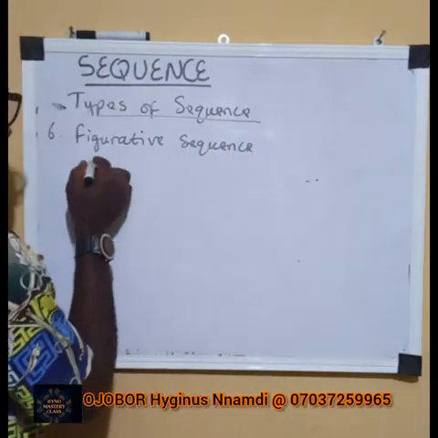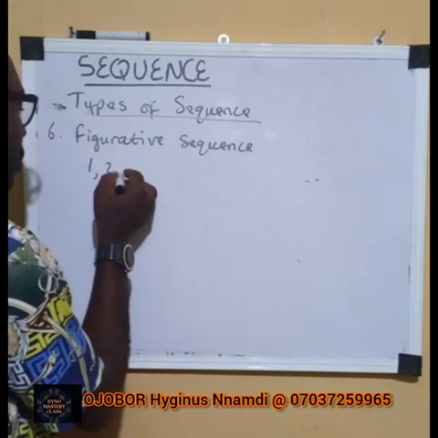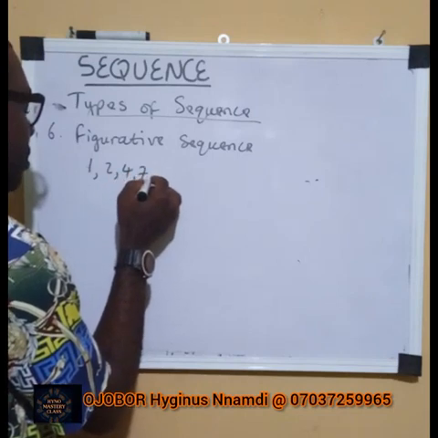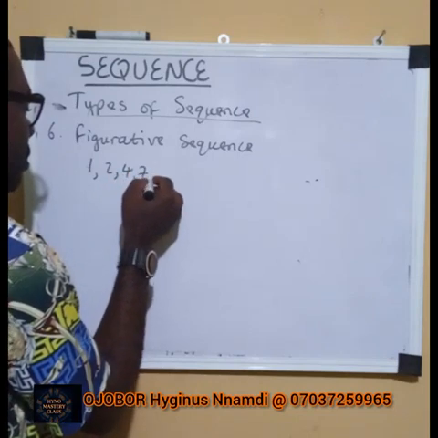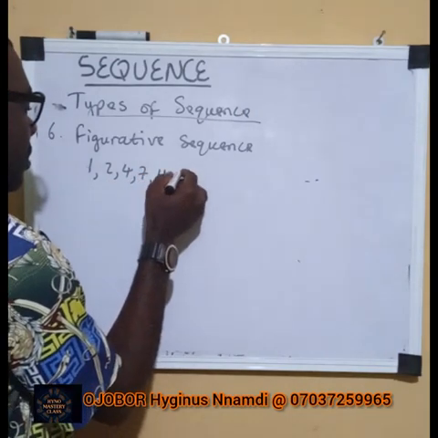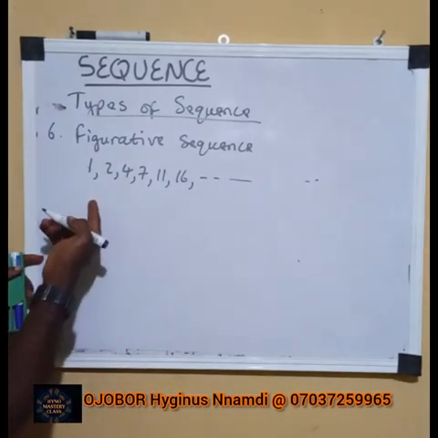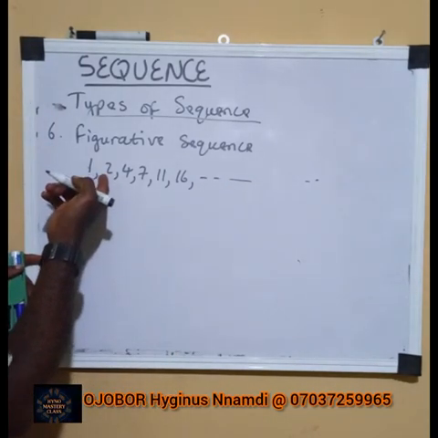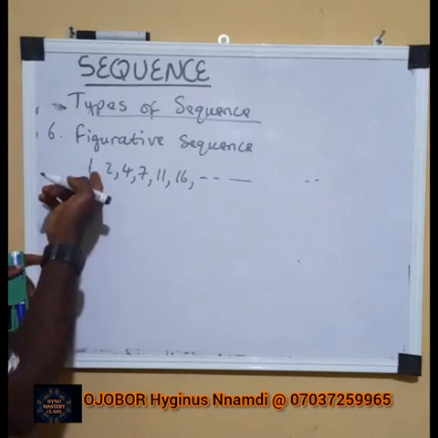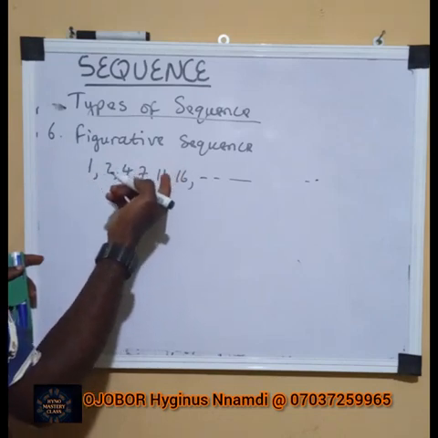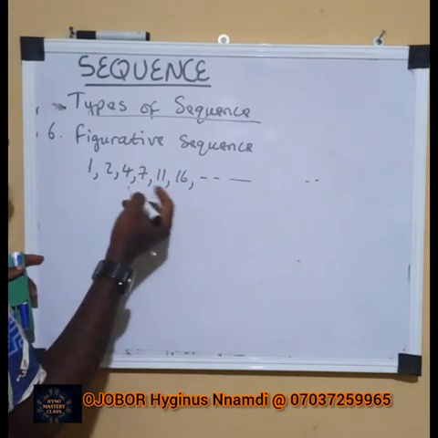If we have a number such as 1, 2, 4, 7, 11, 16, you realize that this type of sequence is a sequence where the number added increases in a particular order, which is a linear form.